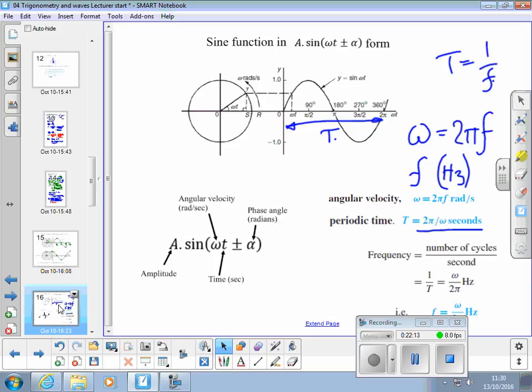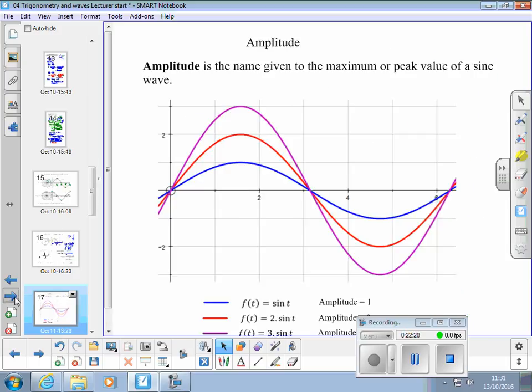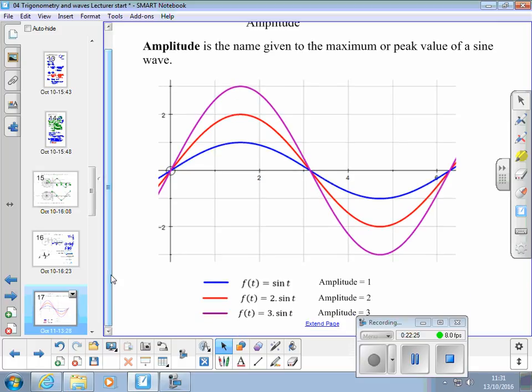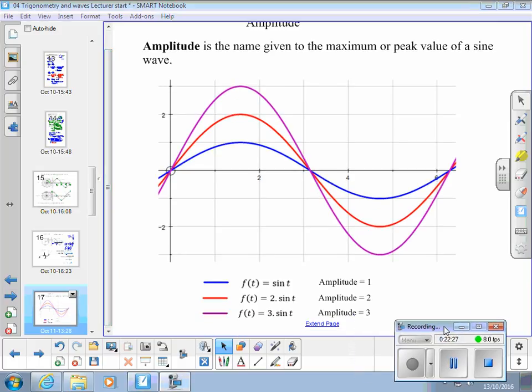All reasonably happy with that? I'm going to go through each bit one at a time now and show you the difference it makes when you change them. So if we look at this diagram, I've put 3 sine waves of different amplitudes on, using Autograph. The blue one has nothing in front of the sine, therefore it's 1 times sine t, so it goes up to 1.